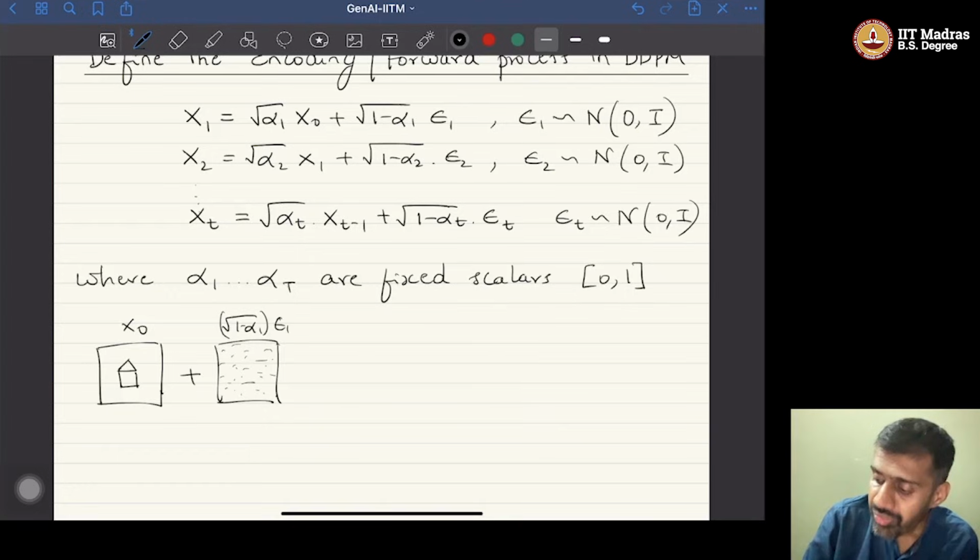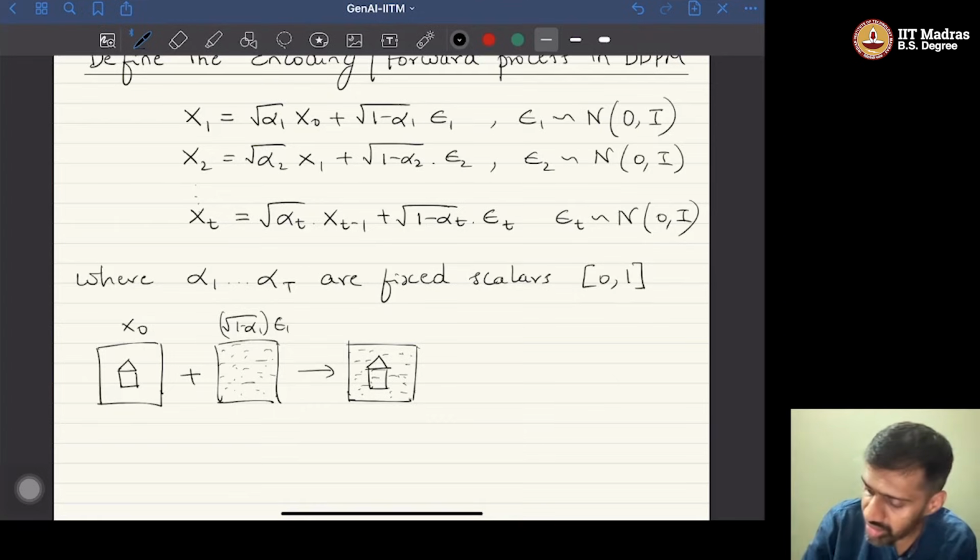Adding this noise will simply give me the first latent space, and this will be the data point with some noise added to it.